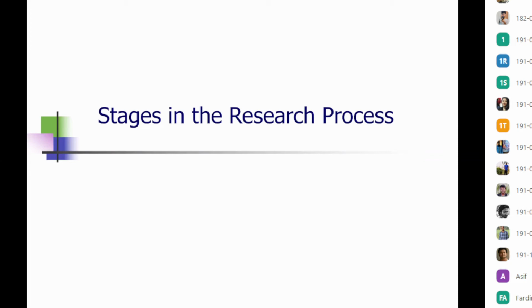This means that if you want to conduct exploratory research, you have to follow one type of structure, for descriptive research a different structure, and for causal research another type of structure. So the structure for all types of research is not the same.